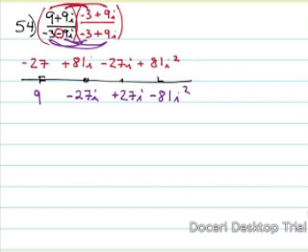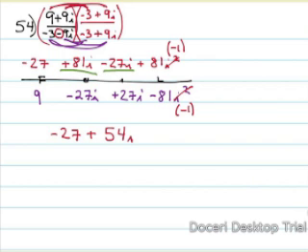On the top, we want to combine some stuff. Let's start by saying that this i squared is negative 1. We can do that on the bottom also, that i squared is negative 1. And in the middle here, our positive 81i and our negative 27i can go together. So we're going to have 81 minus 27 gives us 54 with an i.